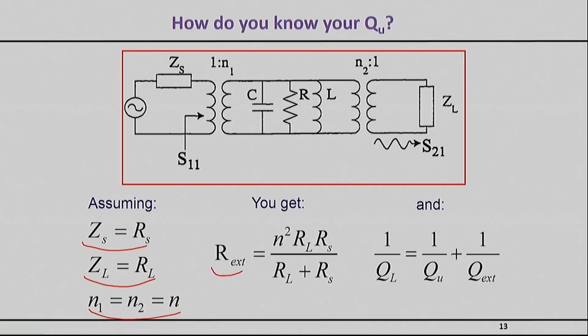That is the external resistance that you will see when you measure that circuit. Under those conditions, you have this very well-known equation that tells you that Q unloaded, which is what you need to measure, and Q external are essentially connected in parallel.